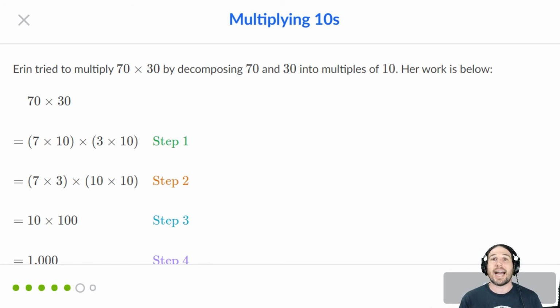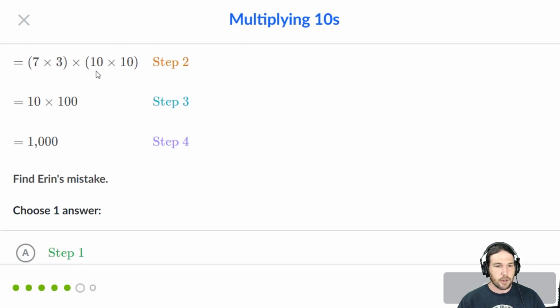Because as a teacher, as someone who's been doing this for a long period of time, I know that, of course, what they did was add, right? 7 plus 3 is 10. It makes perfect sense. But it's a perfect opportunity for another student to engage in that critique the reasoning of others standard, which I keep banging on about all the time, and being able to not just point out that 7 times 3 is the problem, but also what was going through the person's head to make that mistake really enhances the understanding of math and the patterns involved.